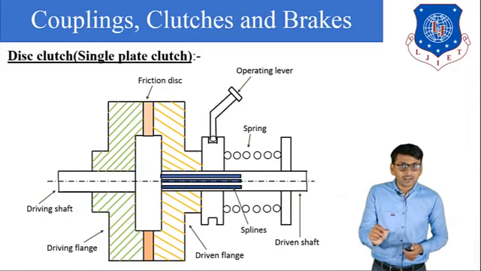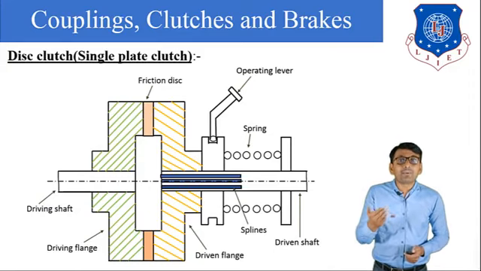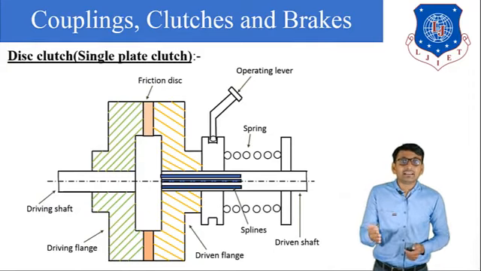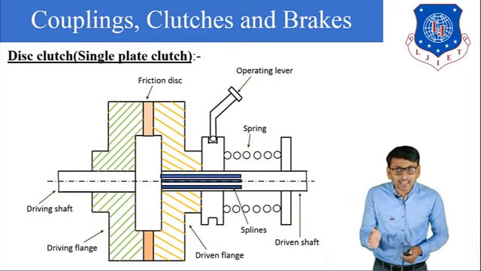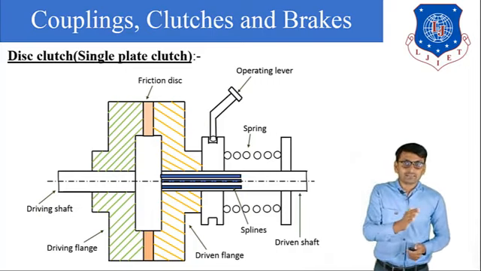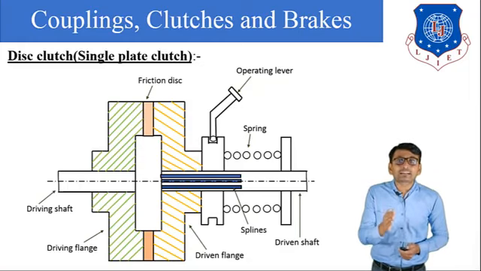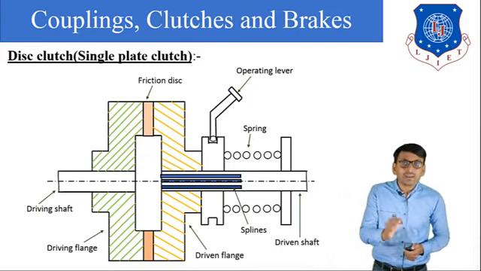And when the clutch is applied, there is a disengagement between the driving flange and the driven flange. How? When the clutch is applied, there is a force acting on the lever.